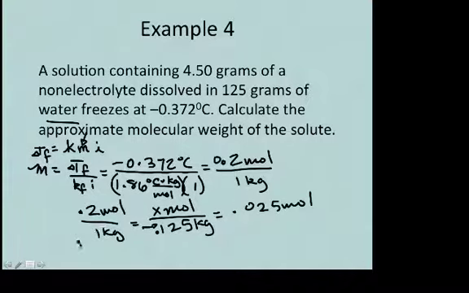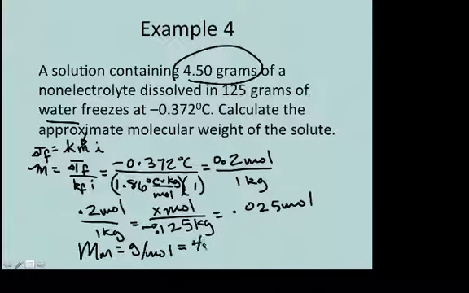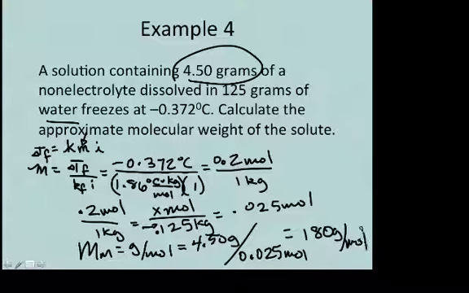So now is the time when we can find our molar mass. Molar mass is grams per mole. So I take my number of grams, 4.5, and I divide by my number of moles, 0.025 moles. So my molar mass here is 180 grams per mole.